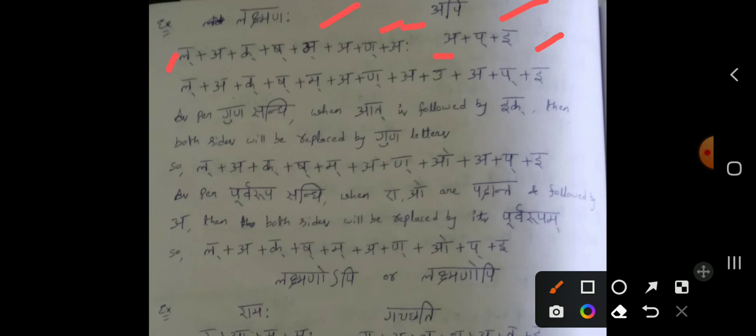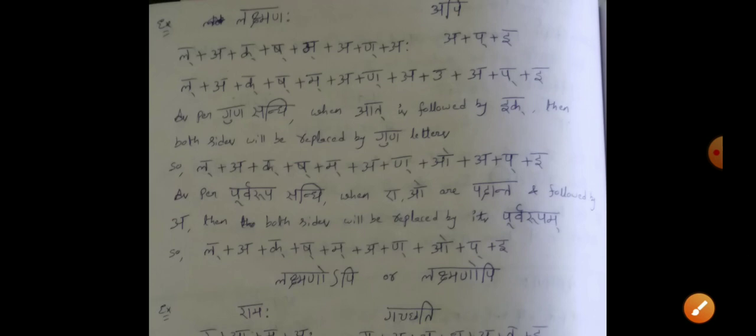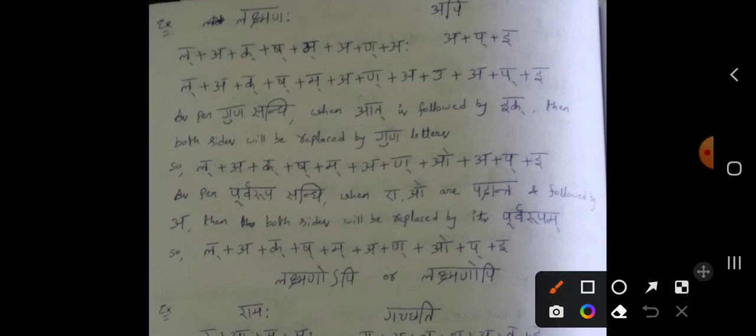The Adesha is that this Visarga will be replaced by U. All the letters remain as they are, only this Visarga is replaced by the letter U. Left hand side and right hand side, everything will remain as it is. There is no other change apart from this small change. So based on this change, we have got this form.